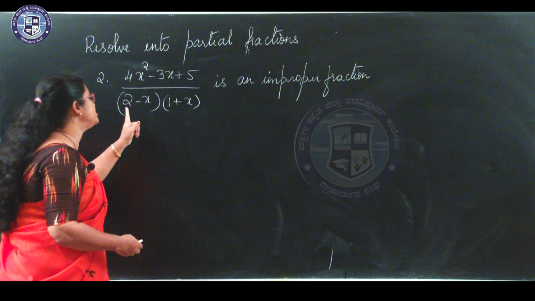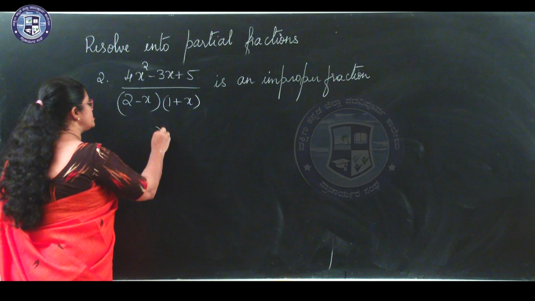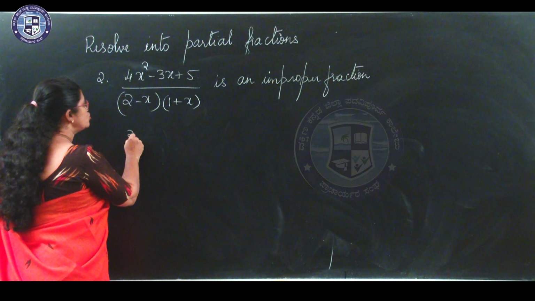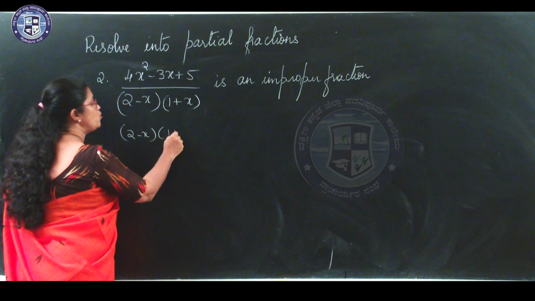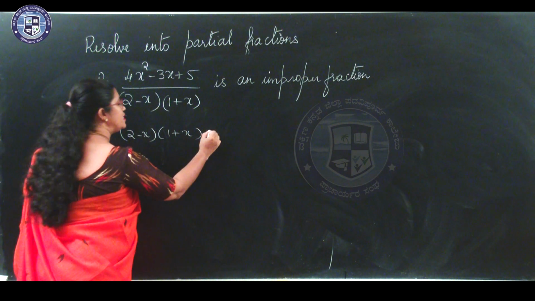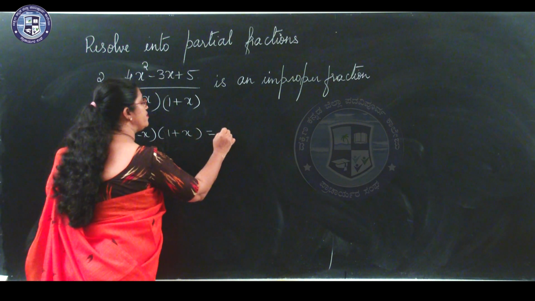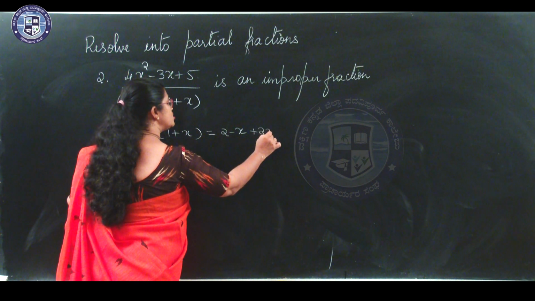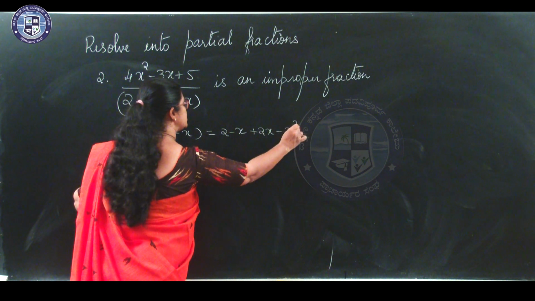So, the denominator when you expand, it becomes, so this is the numerator. Let me write it first, 2 minus x into 1 plus x. Multiply everything by 1, you get 2 minus x, multiply by x, you will get plus 2x and minus x square.